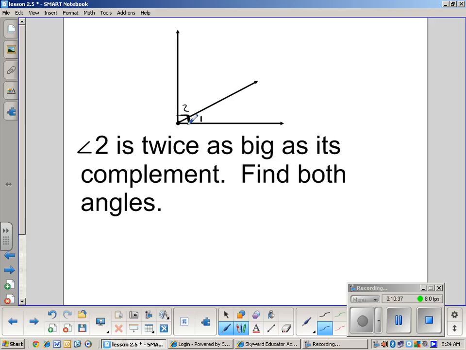So what two angles here are complementary? 2 and 1. Angle 2 and angle 1. So angle 2 is twice as big as its complement. What is angle 2's complement? Angle 1. So we're saying angle 2 is twice as big as angle 1.